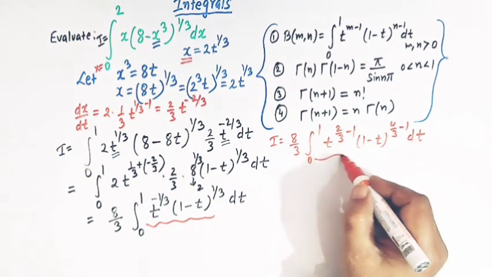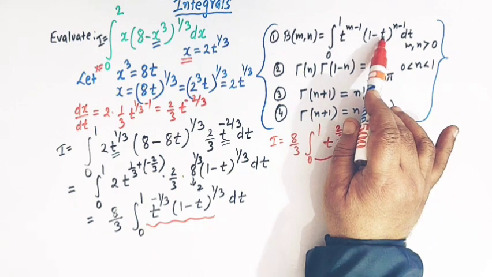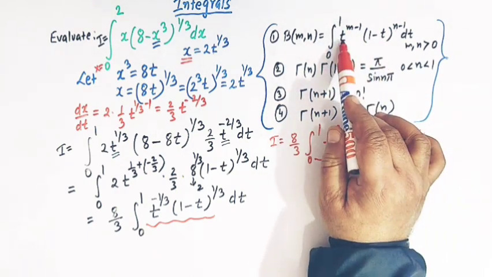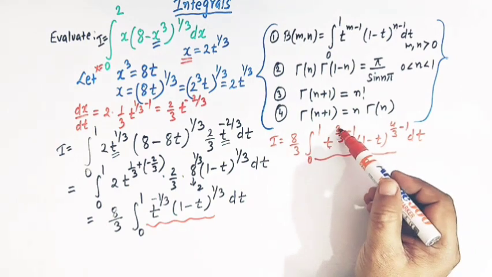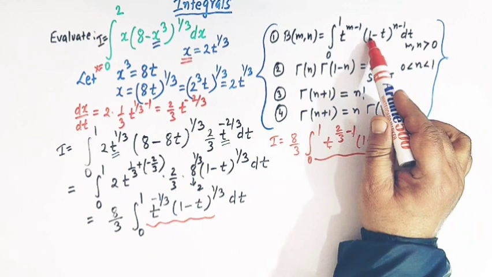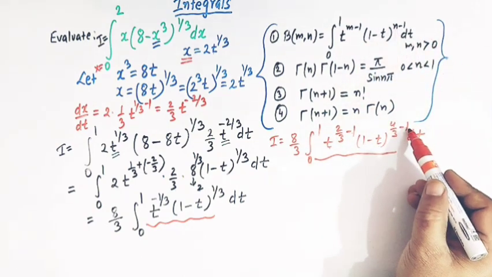So now this integral is exactly similar to this one, right? So we have 0 to 1. Then here the variable is t raised to 2 by 3 minus 1, m minus 1, 1 minus t raised to n minus 1, and 4 by 3 minus 1.